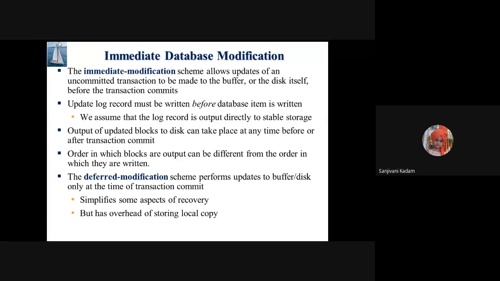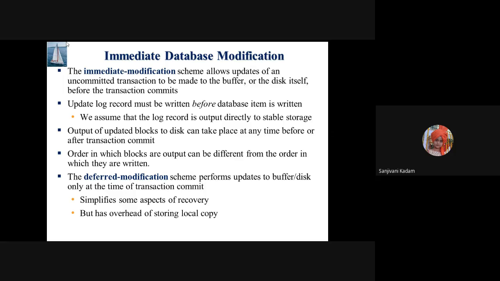Immediately after the execution of the write X statement, this will make changes to our database and buffer as well. To the disk, it may go in one stroke, or we may let the two transactions complete the updates and then write it. It is not decided when this will make changes to the disk, but it will make changes to the buffer. The update log record must be written before the database item is written.